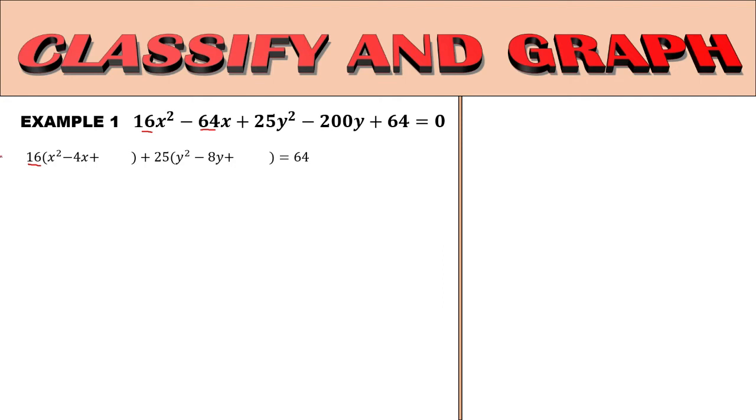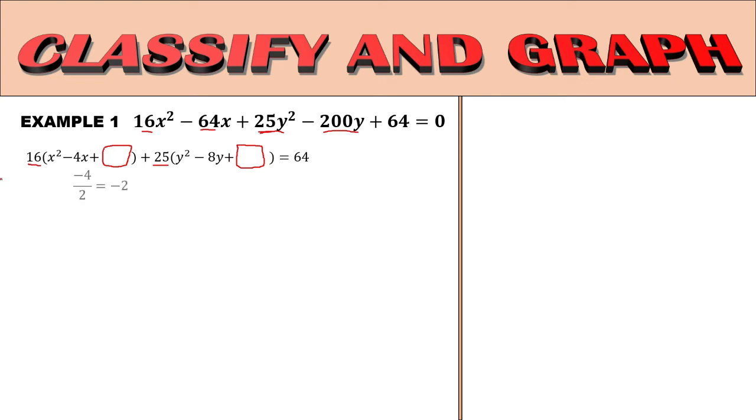When I finish completing the square, I will have the conic in standard form. I do the same thing with the y terms, and the common factor is 25. You leave space here because I need to write a number here and a number here to complete the square.